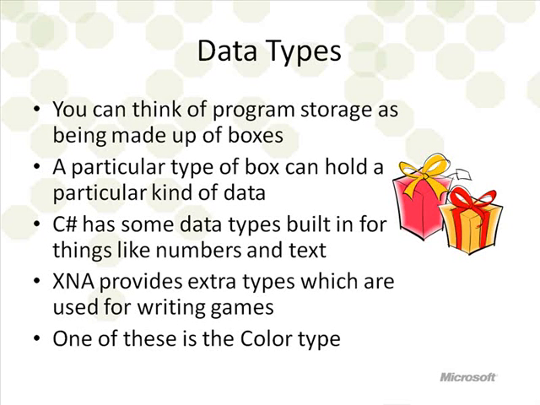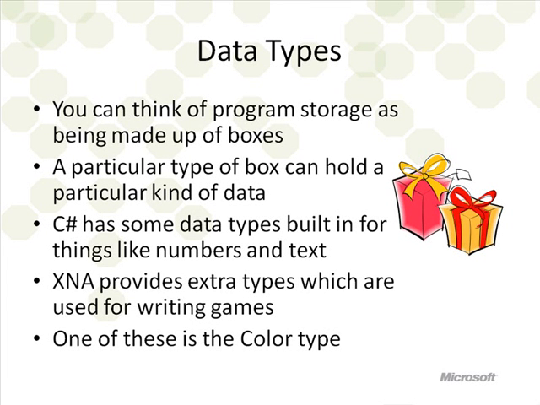I have a camera case. I put my camera in it. I don't put my car in it, my children in it, or my packed lunch in it, because it's a camera case. The type of that case is it takes cameras. Okay. C# has a similar kind of thing built in, and one of the types of box it has is called color, and I can put colors into the color type because that's what it's for. I have another type for numbers, which is either integers or floating point.